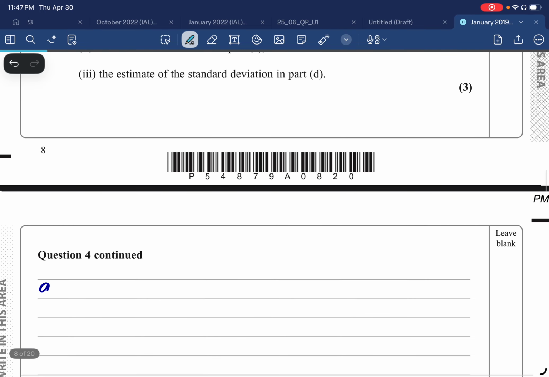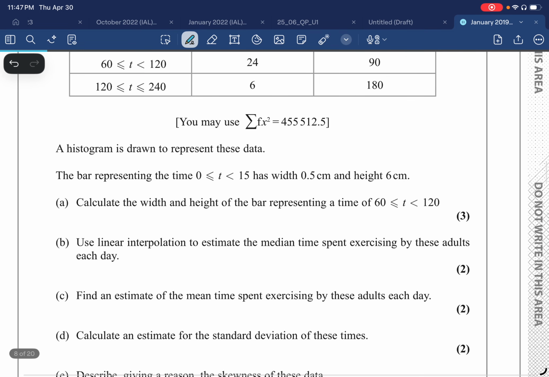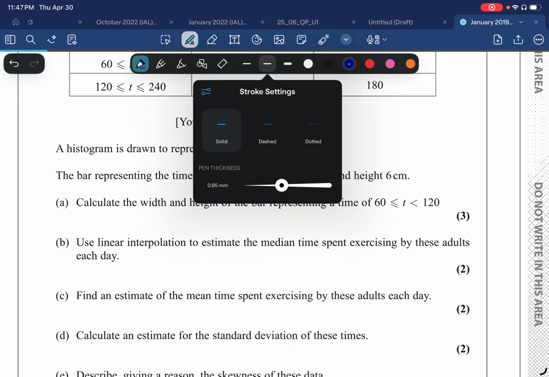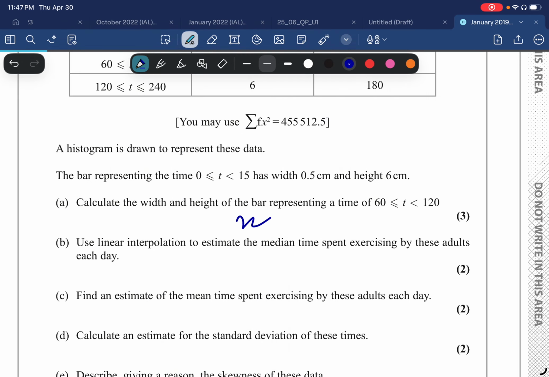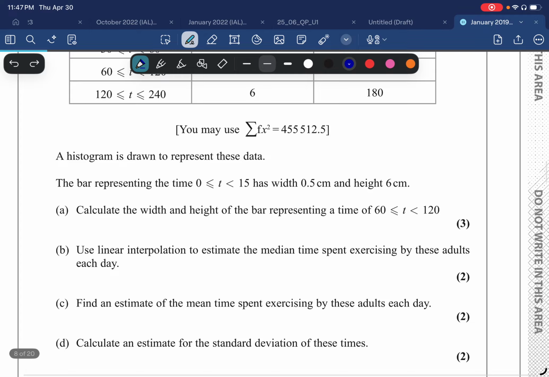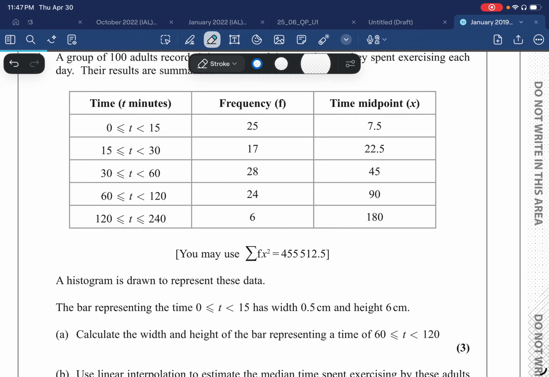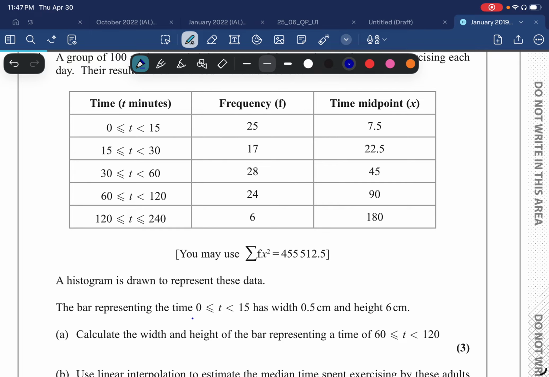For this particular question, I'm going to change to a ballpoint pen. I think it's better. So let's look at the one they gave. For the interval where t is greater than 0 and less than or equal to 15, the width is 0.5. This is the one we're looking for.